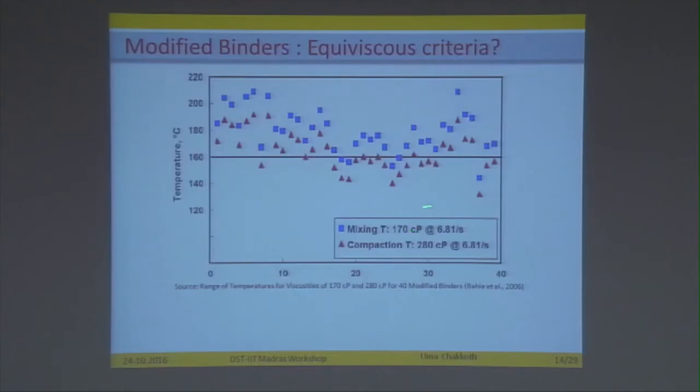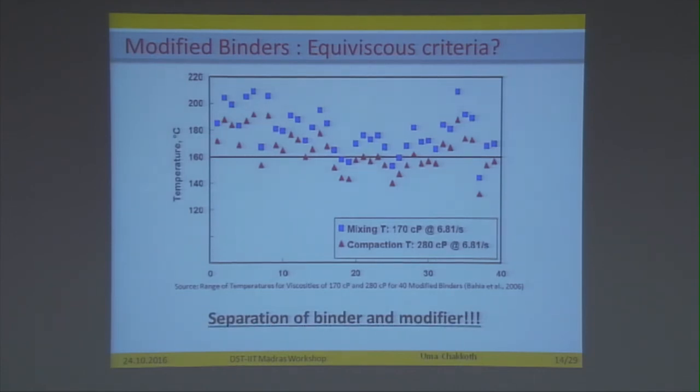That is, they chose one particular shear rate and tried to find out the temperature at which the mixing viscosity, that is 170 centipoise, is obtained, and you can see, indicated in blue, that it goes up to 220 degrees Celsius. The results are all over the place, with a wide range of temperatures for different binders, and at such high temperatures it can also lead to the separation of the binder and modifier.